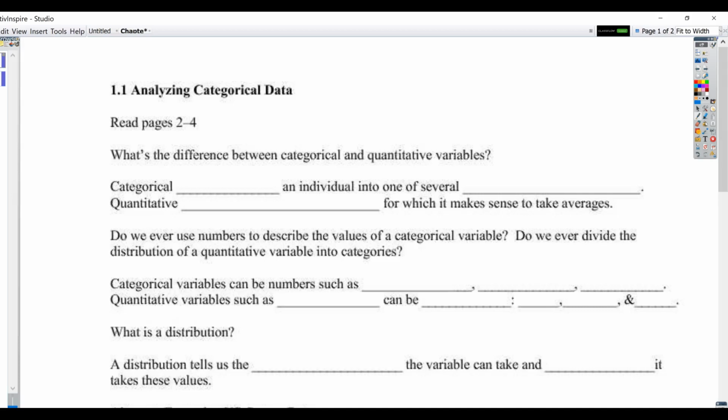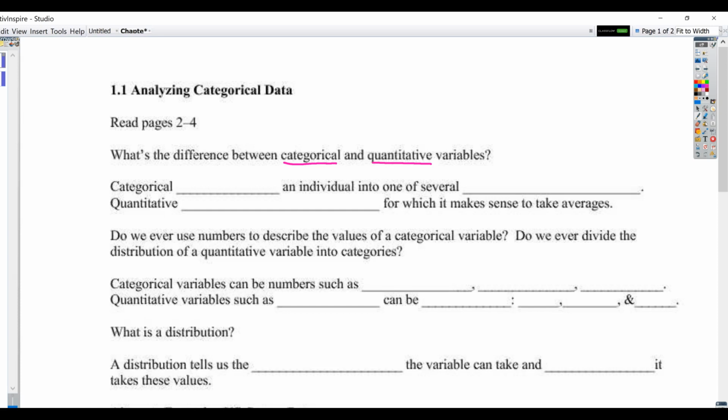Okay guys, we're going to start Unit 1, which is all about analyzing data, learning all about the different types of data, how you analyze the data, and that kind of thing. So we're going to start by exploring two different types of data, categorical data and quantitative data. You can kind of see from the names that there's some information there.